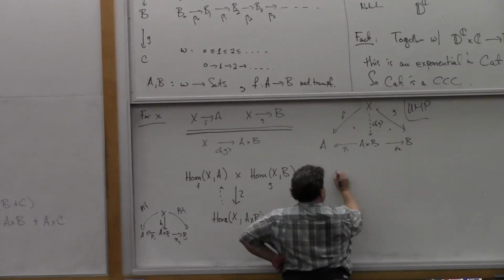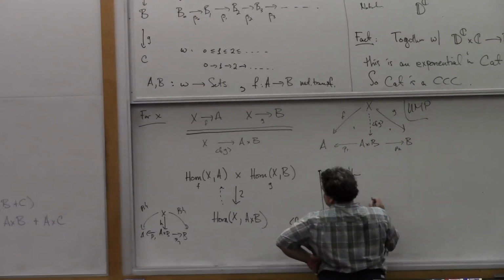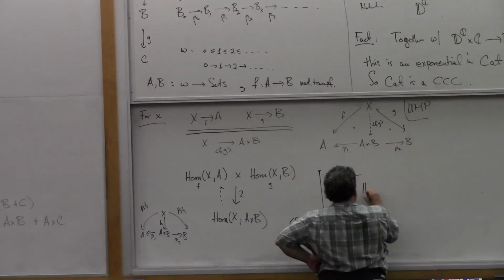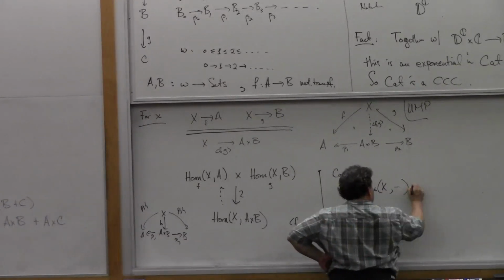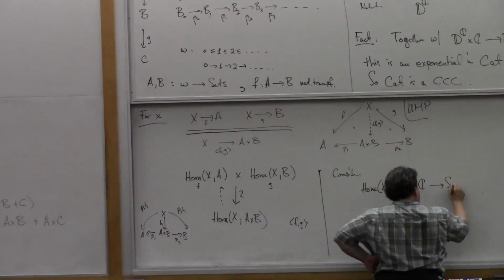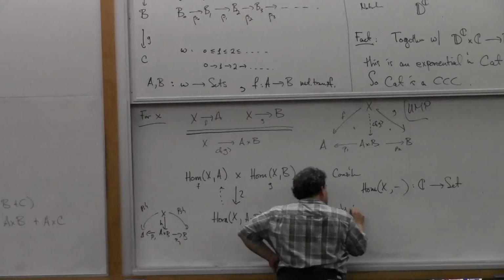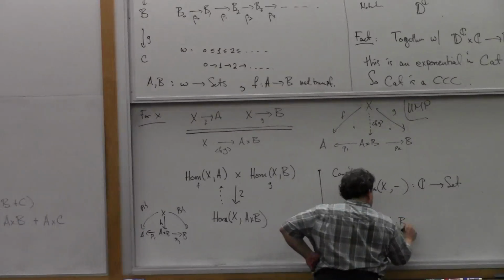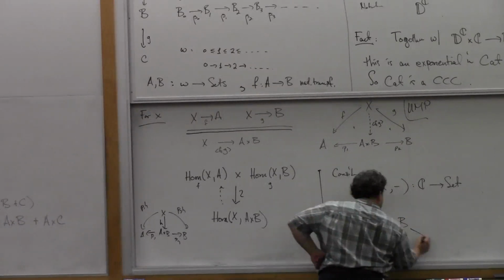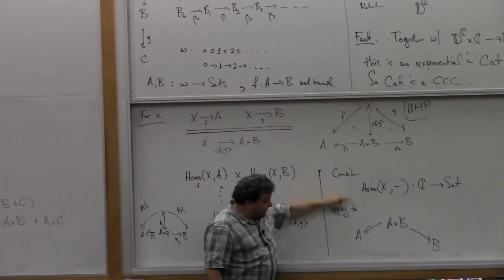So let's consider this representable functor here, Hom(X, -), from C into Sets. Apply it to the diagram A, B, with A × B. Apply this functor to that diagram.